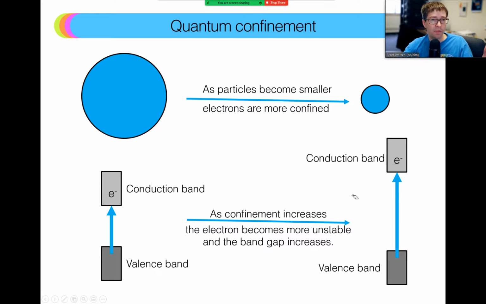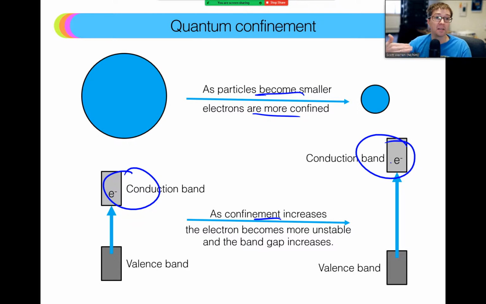So that's what this picture is showing, going from left to right. As the particle becomes smaller, electrons become more confined. And as the confinement increases, that electron in the conduction band becomes more and more unstable, meaning it shifts up in energy.